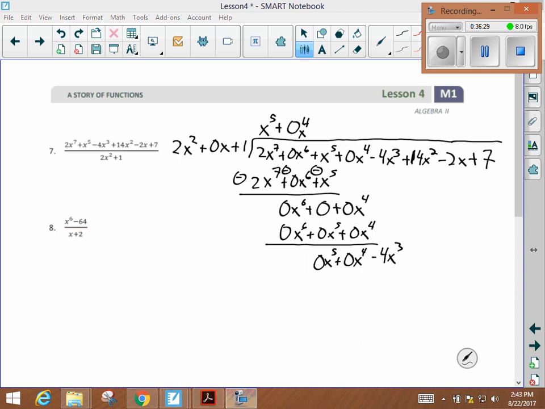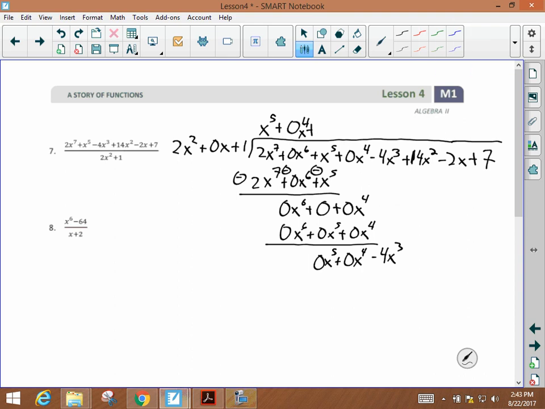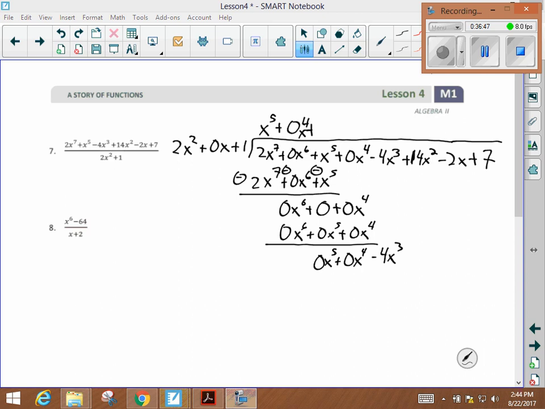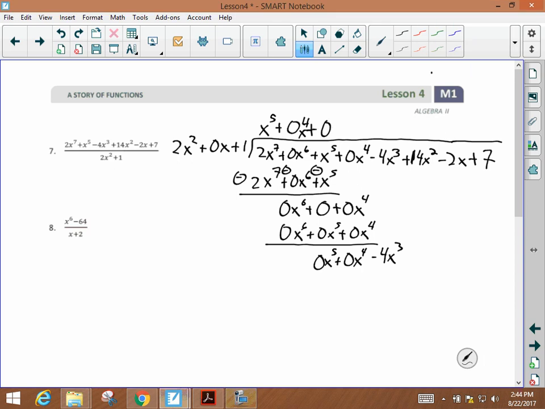All right. So what do I need to multiply 2x squared by to get 0x to the 5th? Well, that's just going to be a placeholder here, right? It's going to be 0x to the 3rd.